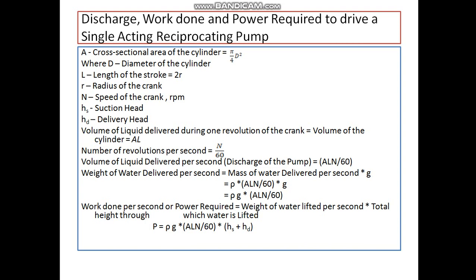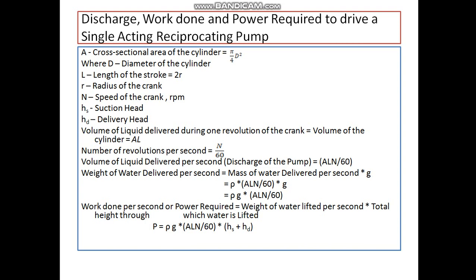And there are N revolutions per minute. So N by 60 revolutions per second. So volume of water delivered per second will be equal to, for one revolution, AL, and there are N by 60 revolutions per second, so AL into N by 60, ALN by 60, it gives the theoretical discharge of the pump.